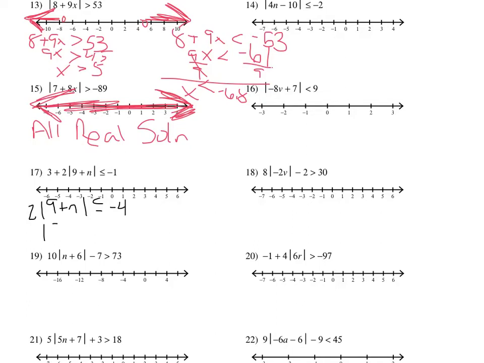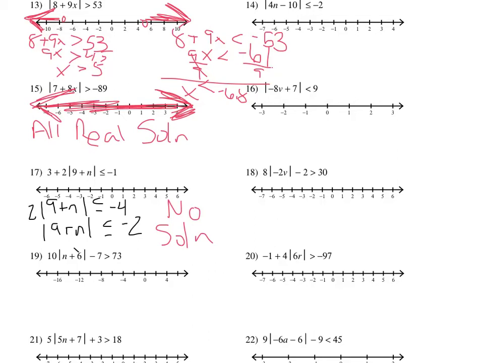Divide by 2, so the absolute value of 9 plus n is less than or equal to -2. And this says an absolute value has to be less than a negative number. An absolute value is never less than a negative number. So in this case, there is no solution. And you do not shade anywhere on 17.